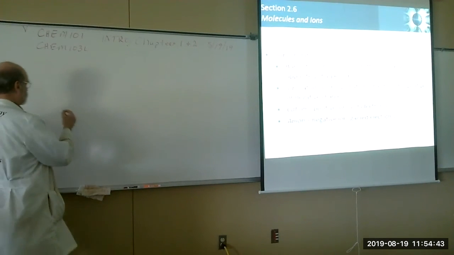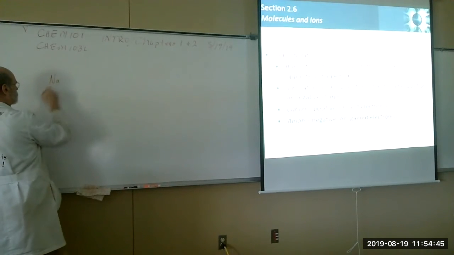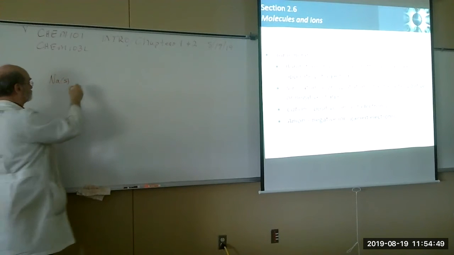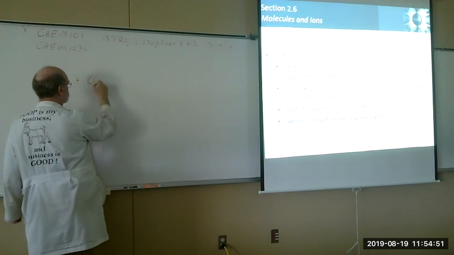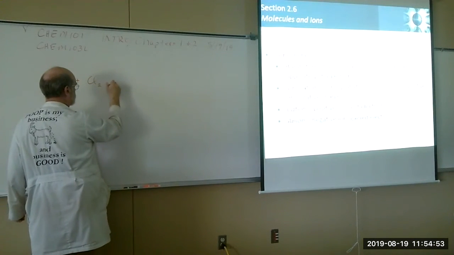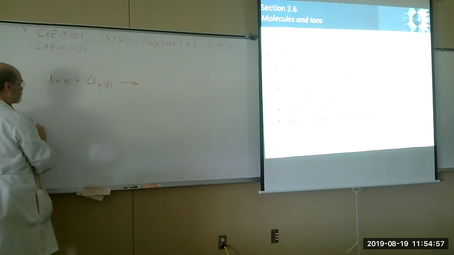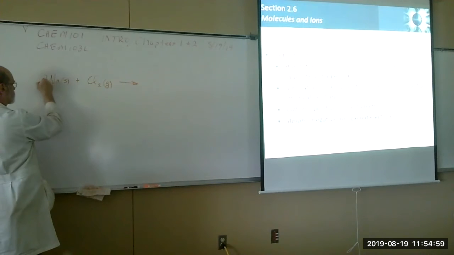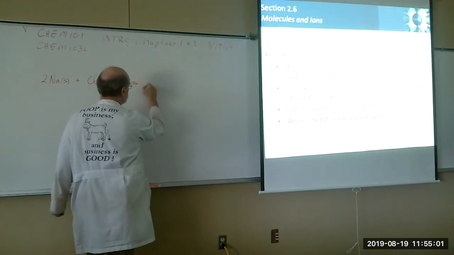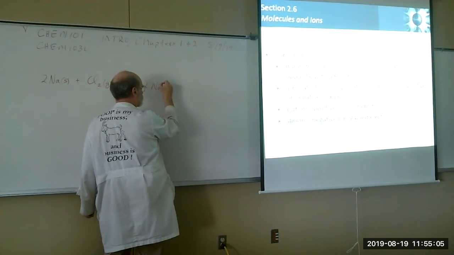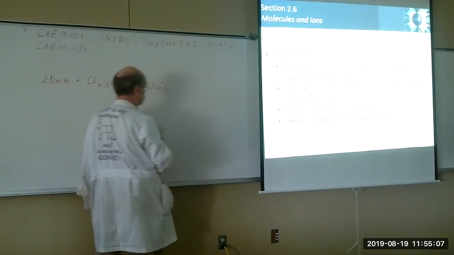So if we have sodium as a solid, and that's the abbreviation for solid, combined with chlorine, which is a gas. So I'll take two of these. Then you get sodium chloride, and this is a positive charge, negative charge.